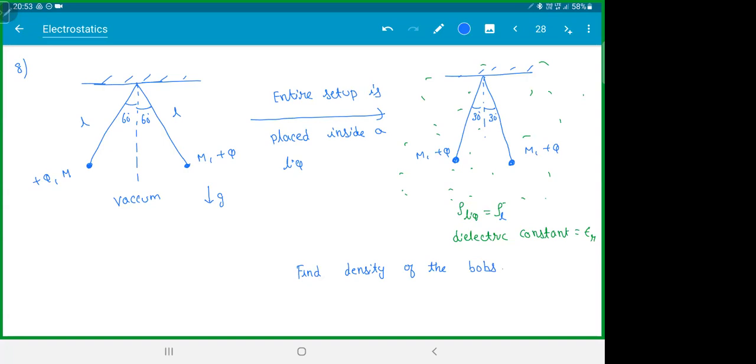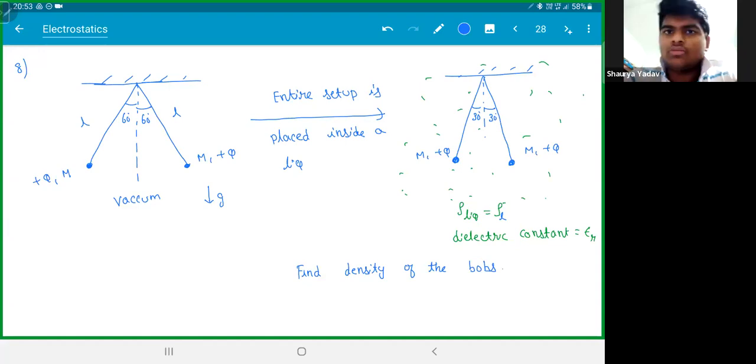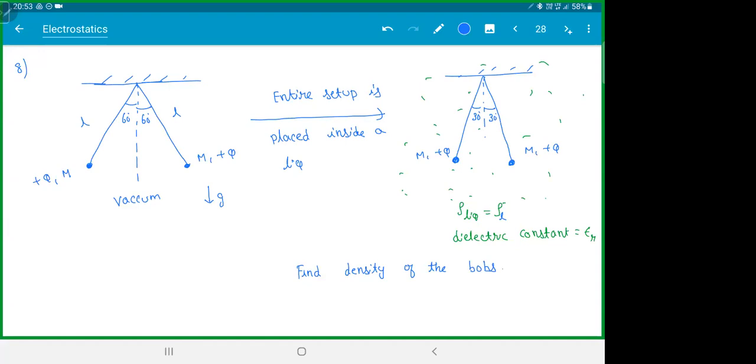Any ideas? Anyone? Initially, how many forces are there on each bob? Three, right? What are those? Tension, mg, repulsion.